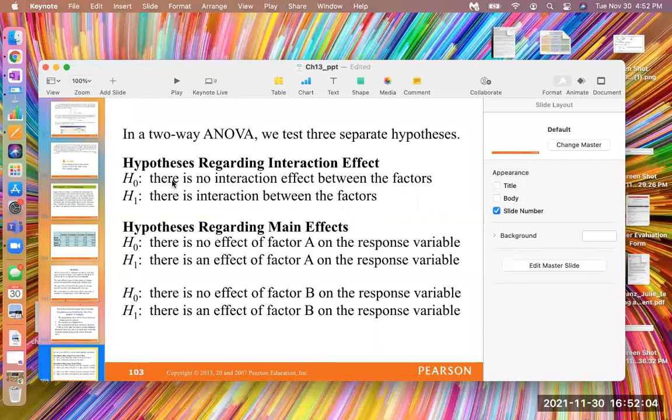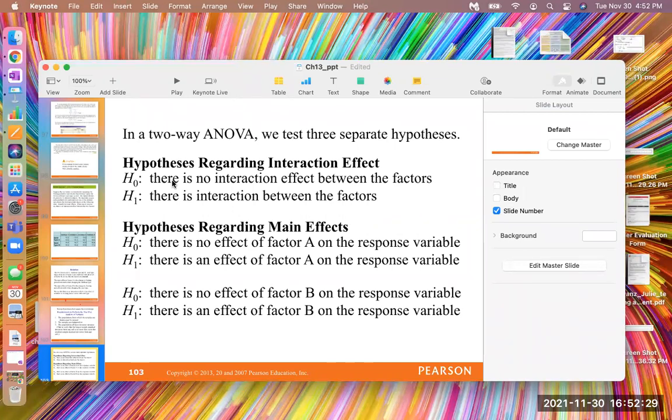Sometimes we don't want to assume a drug works or something like that. We want to prove the drug works. So we assume the opposite of what we're trying to prove. We assume that there is no effect, that the drug is ineffective. And then if the evidence supports the fact that it is effective, then we go ahead and make that conclusion.